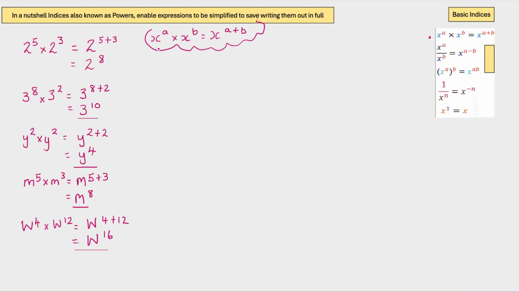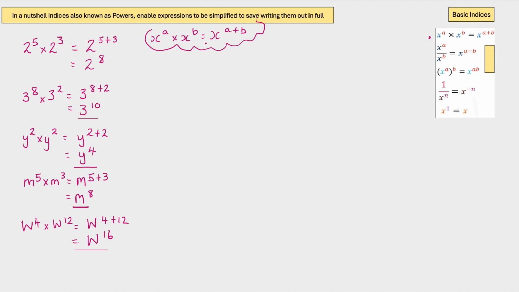But all you need to know is that this x is our number or our letter that has to be the same. Our a and our b can be our 5 or a 3, and we add our powers because we're multiplying. Okay? You will see it written like this, so don't get confused. That's all it means.